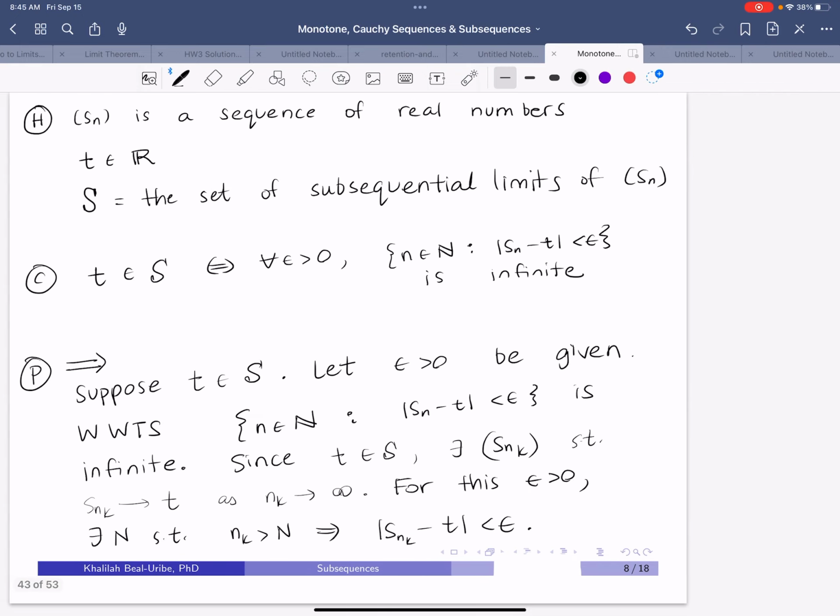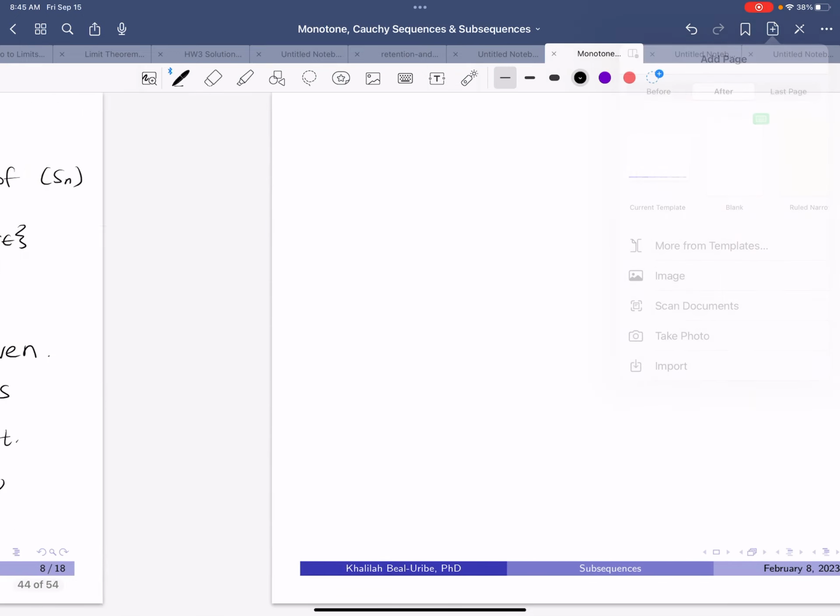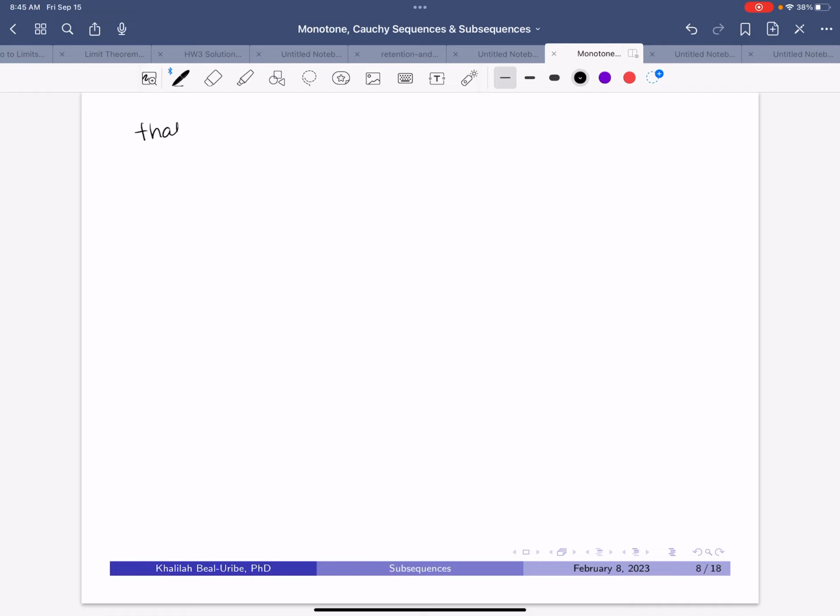So that means the set of nk such that nk bigger than N is a subset of the set of n such that the distance between Sn and T is less than epsilon.